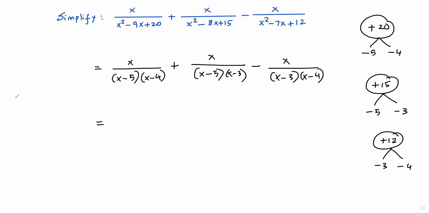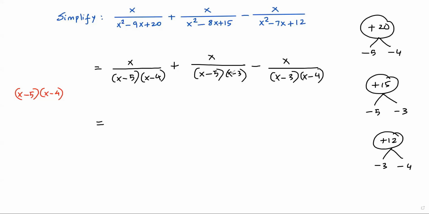Now I have to get the common denominator. To do that, I look at each denominator carefully. Each denominator is a product of two binomials, so I list the different binomials in all three denominators. The first denominator has two different binomials, (x − 5) and (x − 4).